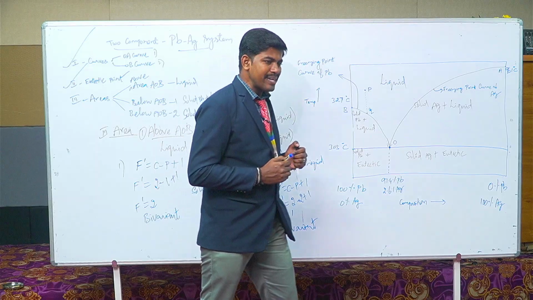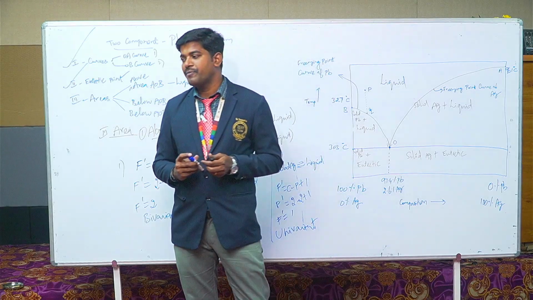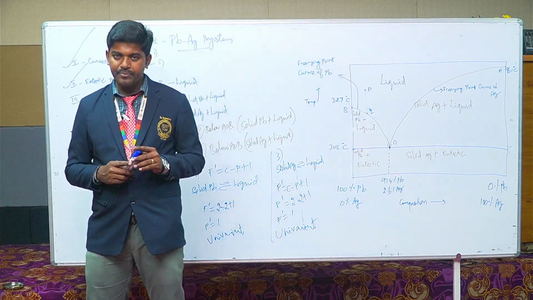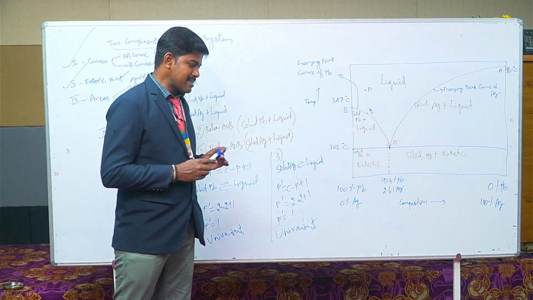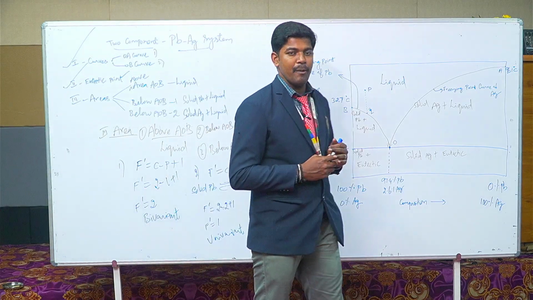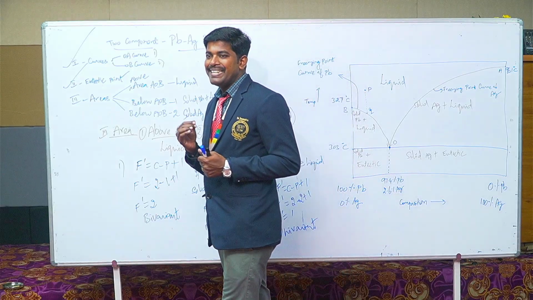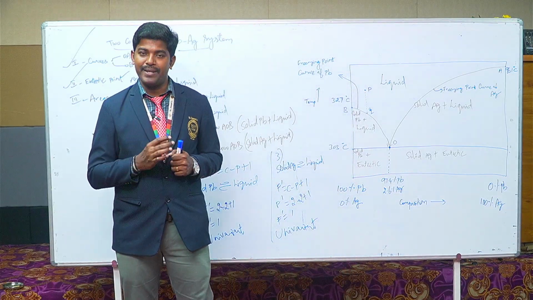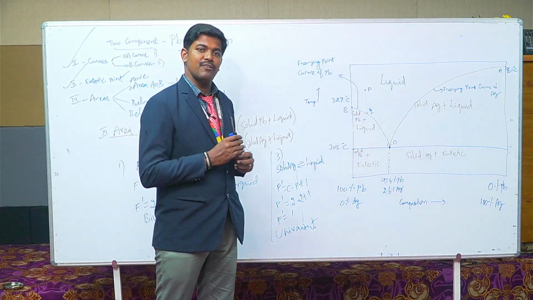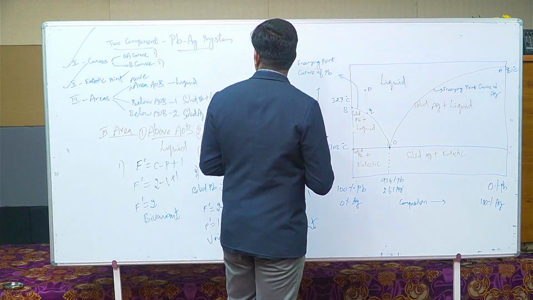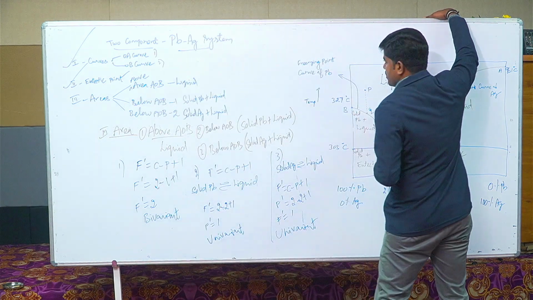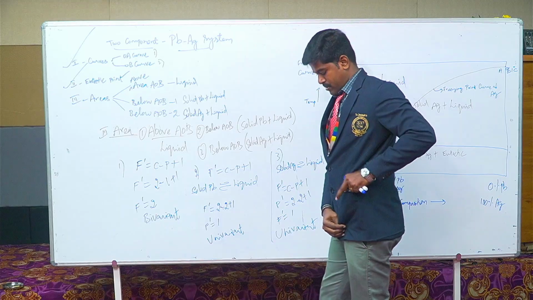Now I am going to explain the application of the lead silver system. The application of the lead silver system is explained by means of Pattinson's process. Pattinson's process means desilverization of argentiferous lead, which is called, I will write it, Pattinson's process.